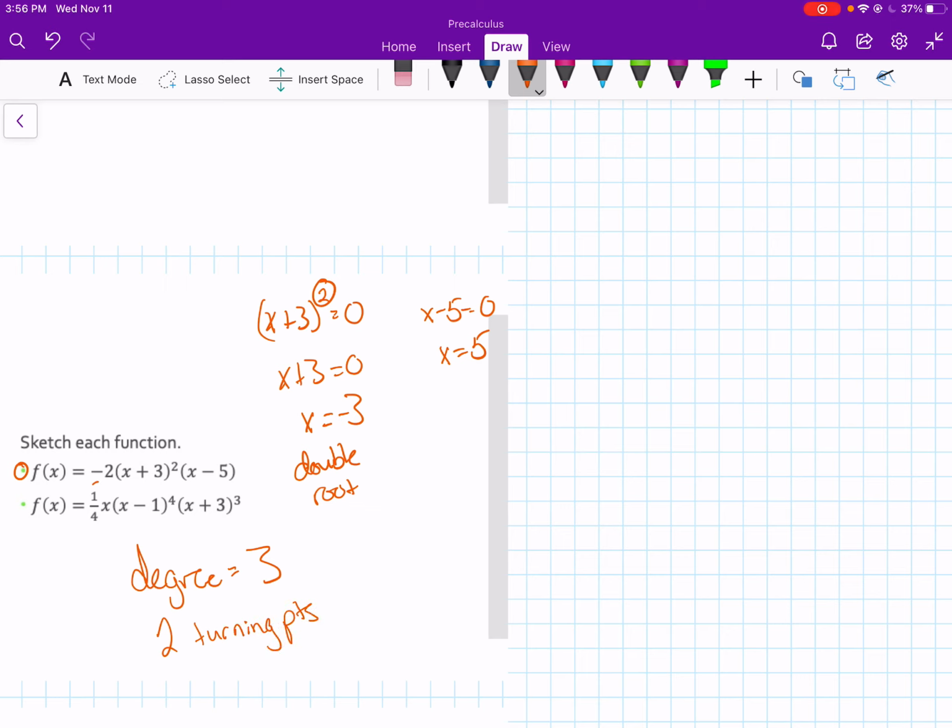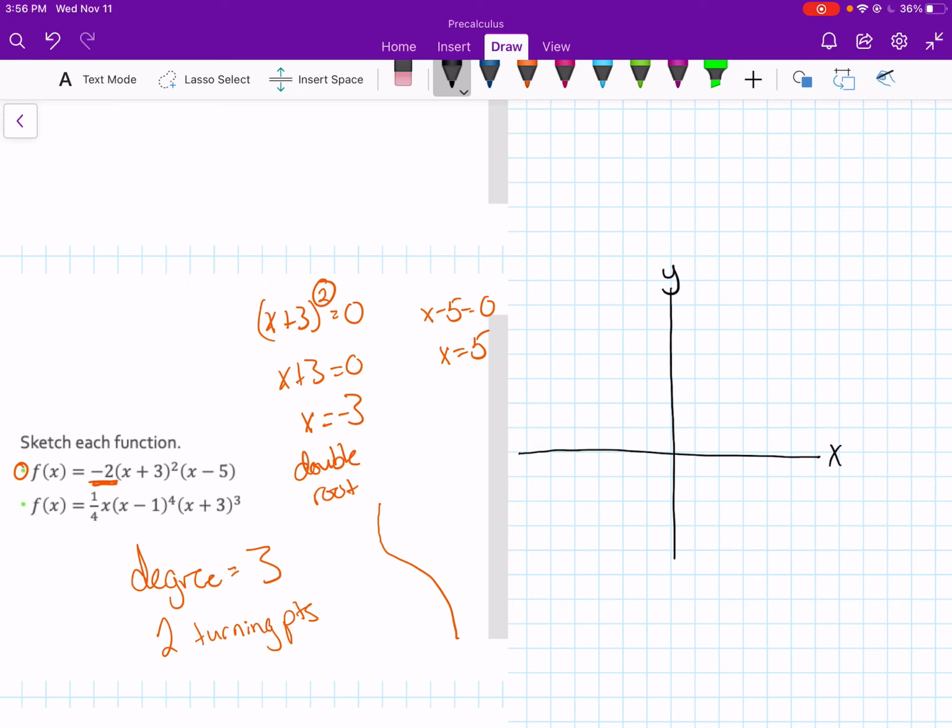And then I'm going to look at this number out in front, and I know that it's negative, so it's going to have the end behavior looking something like this one. Going back to end behavior, that negative flips that cubic function, so it's going to go downhill. So let's make a rough sketch of what this is going to look like.